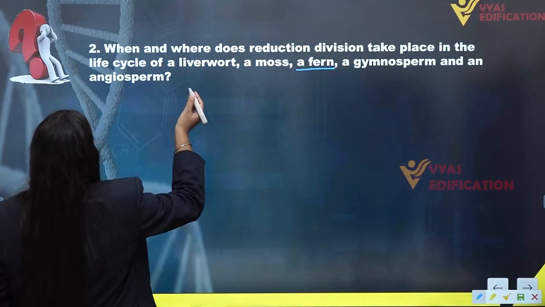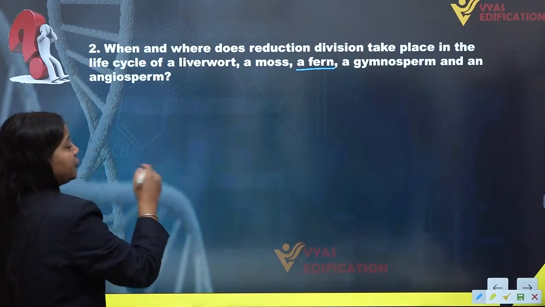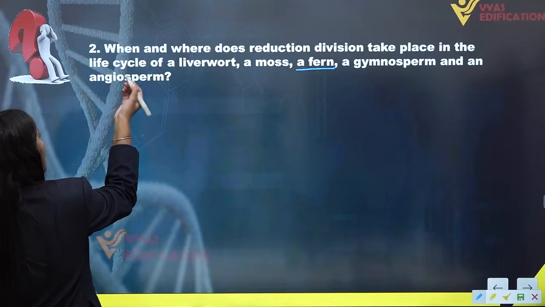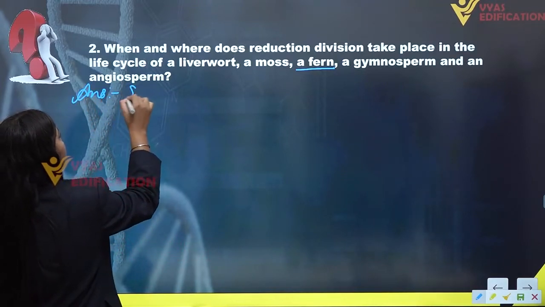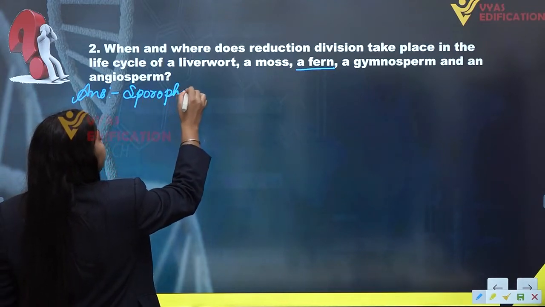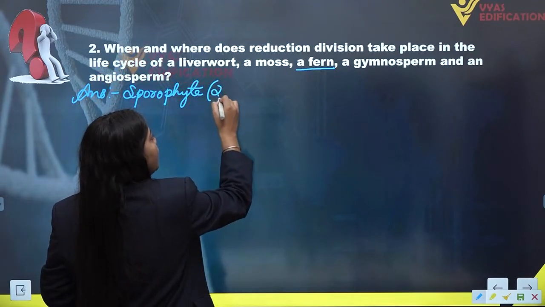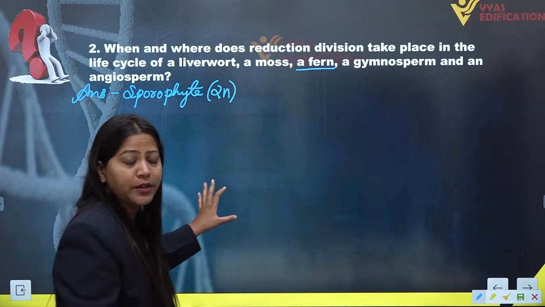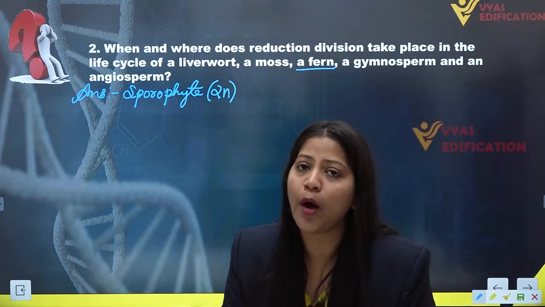As it is a pteridophyte, it is a vascular plant, and the main plant body, or dominant phase, of fern is sporophyte. And sporophyte has ploidy level 2n. That means the main plant body of a fern is sporophyte, and that is diploid in nature.